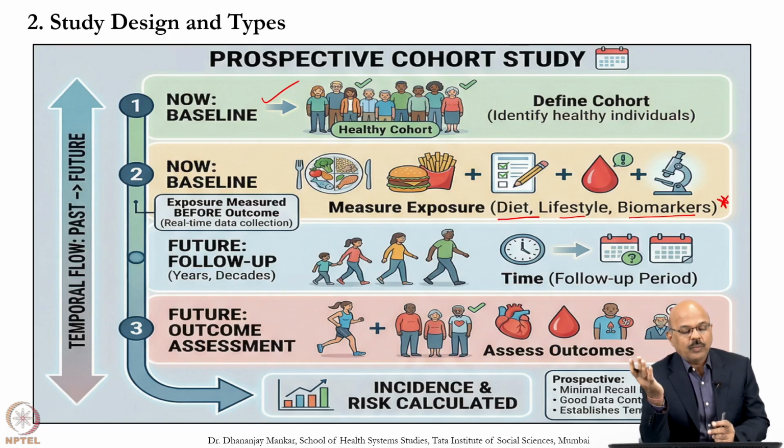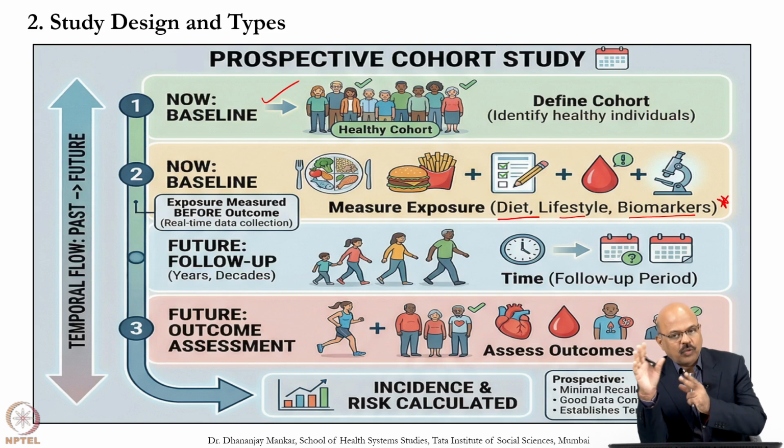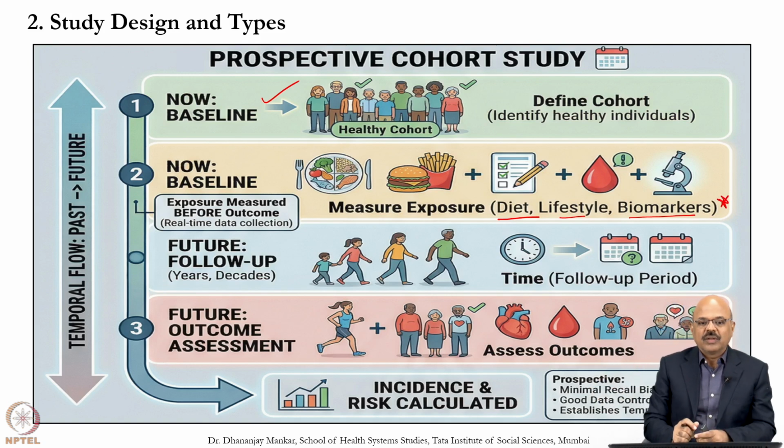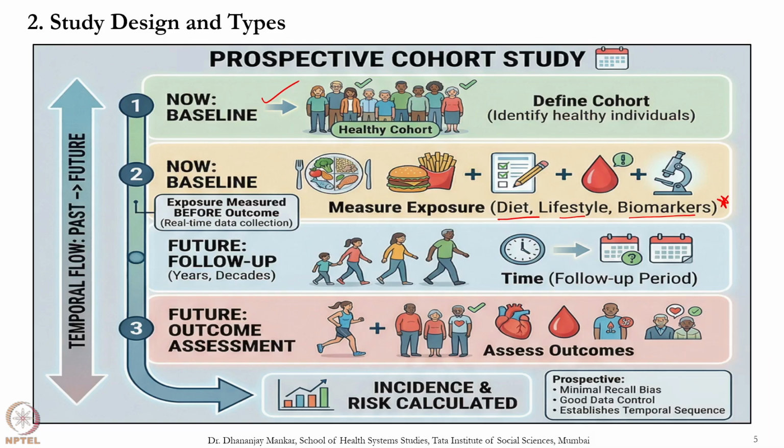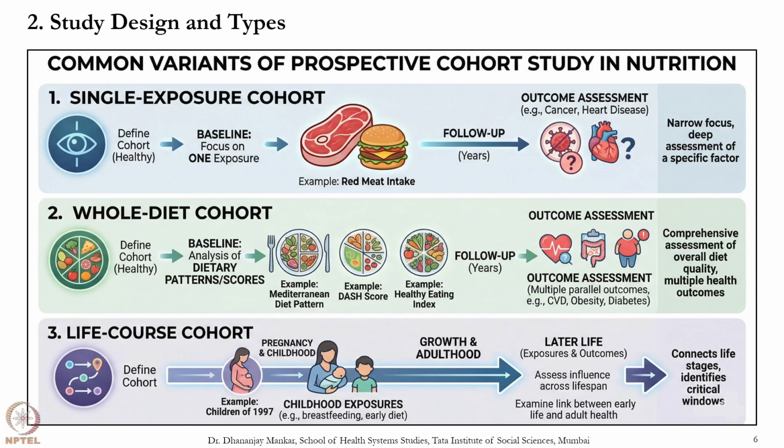The future follow-up is over years and decades, and the outcome assessment gives you the risks which are calculated. The prospective design has minimal recall bias, good data collection and establishes a temporal sequence. The prospective cohort looks ahead to the future.